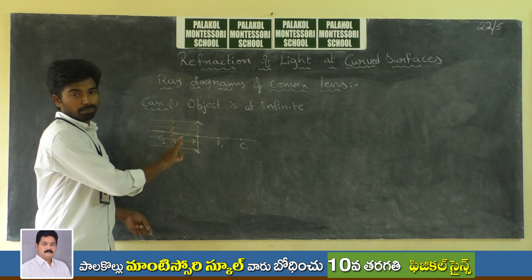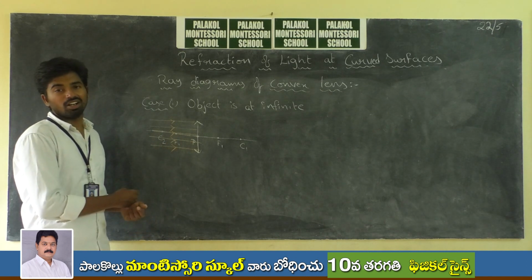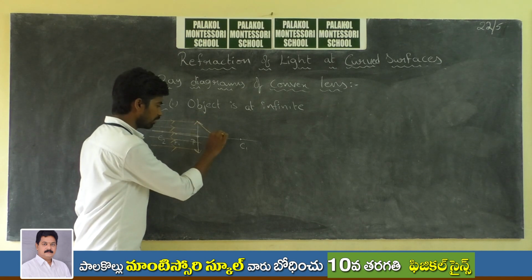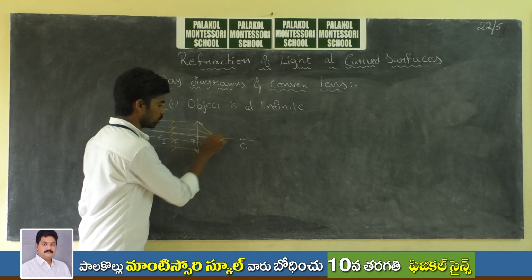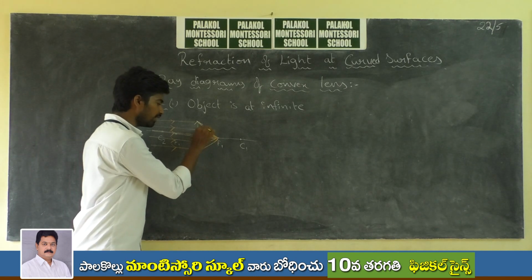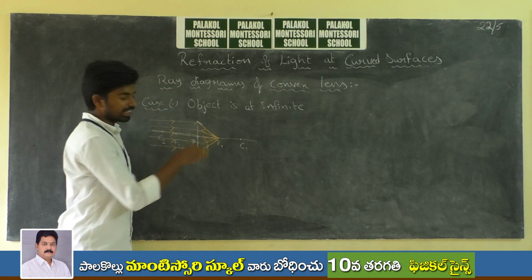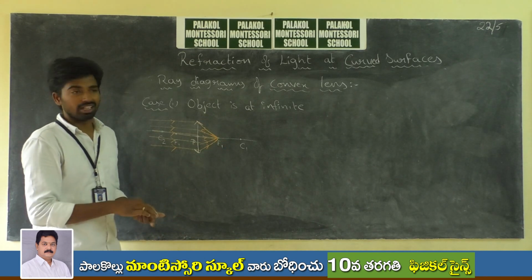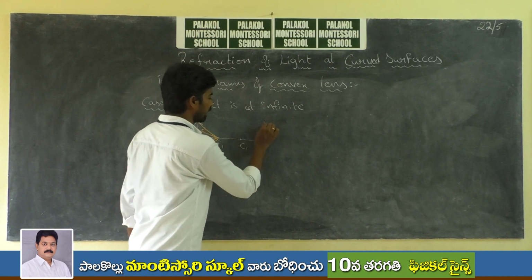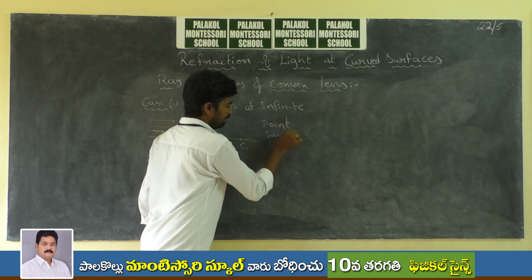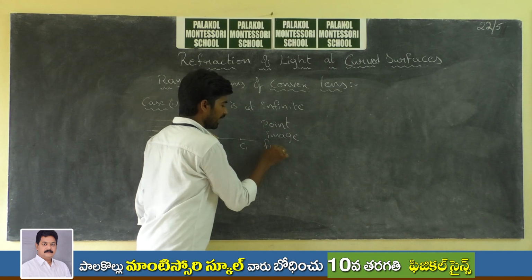So what happens when parallel light rays are incident on the convex lens, parallel to the principal axis? They will be focused to a point, and you will observe a point-sized image at the focus point. So when the object is at infinity, a point image will be formed at focus.